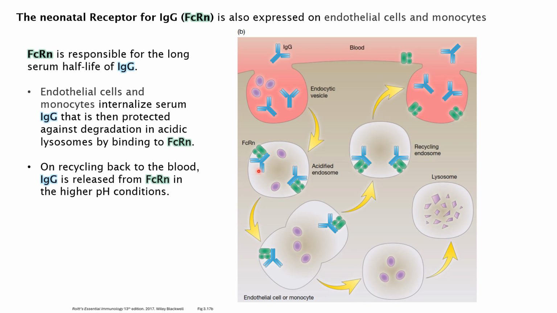And then after we have acidification and sorting, those contents of the endosome which are not required are directed towards the lysosome, while the endosome containing now a high concentration of IgG bound to the neonatal Fc receptor in the acidified endosome can be maintained within that cell for a long period of time and returned or recycled back to the cell surface for release into the blood at a later stage.